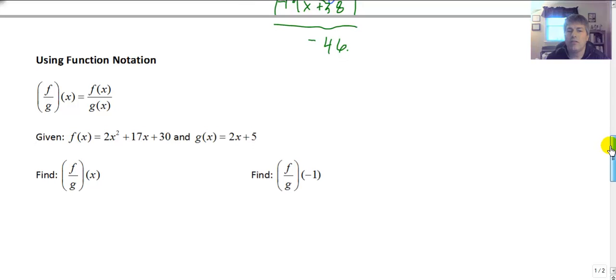We can also do this same kind of thing using function notation, where f divided by g of x equals f of x over g of x. So if you're asked to find f divided by g of x, that means we have to take the function 2x squared plus 17x plus 30, and divide it by 2x plus 5.